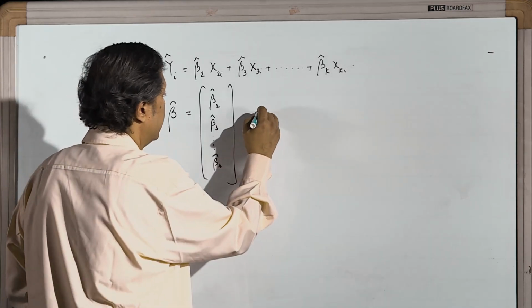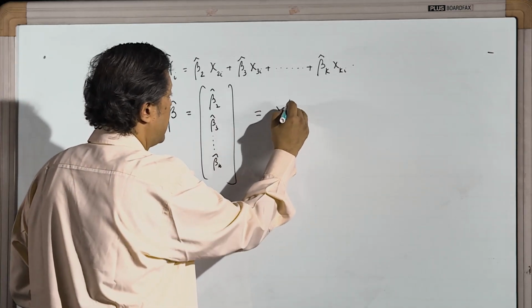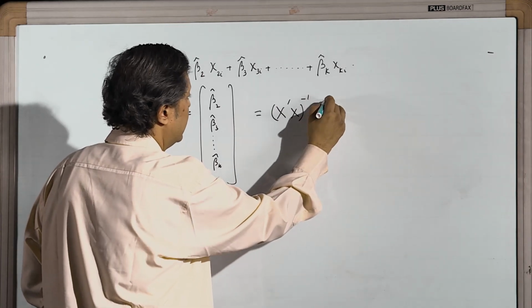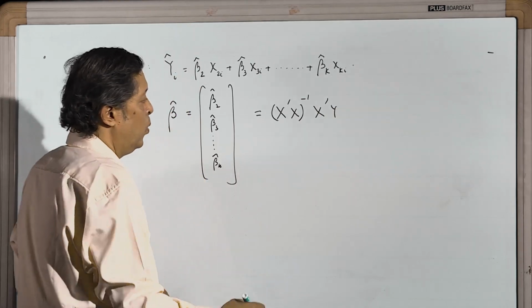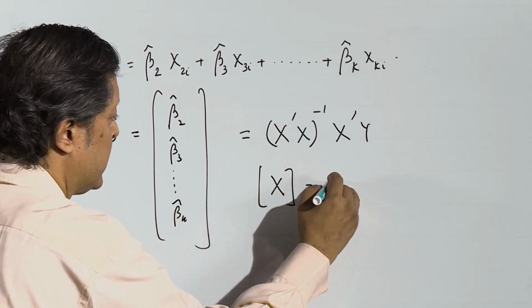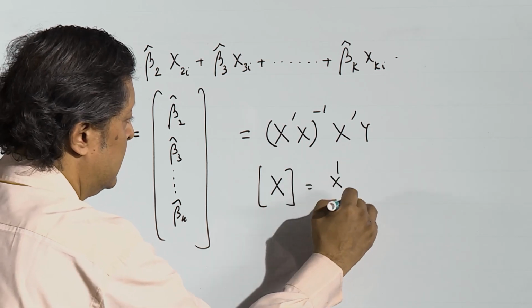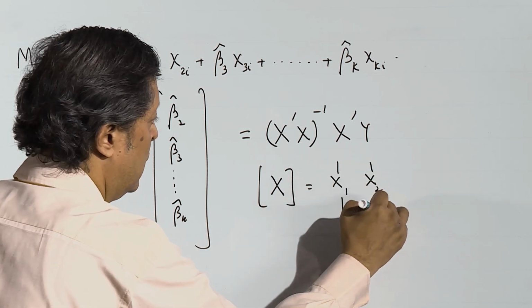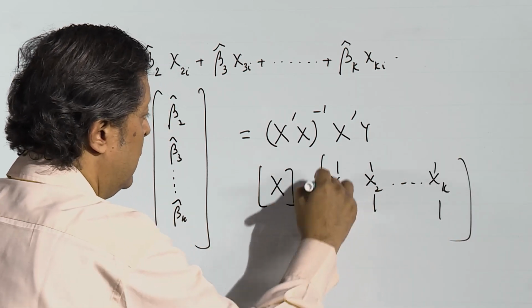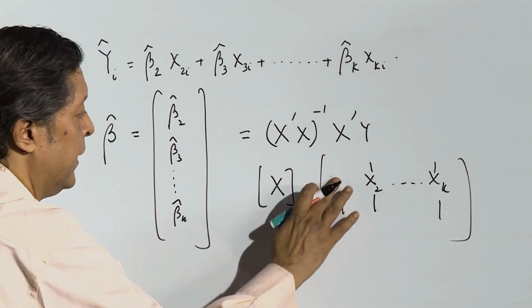So, that is given as (X prime X) inverse X prime y, where the matrix X earlier was x1, x2 right up to xk, but now the first column is no longer there.